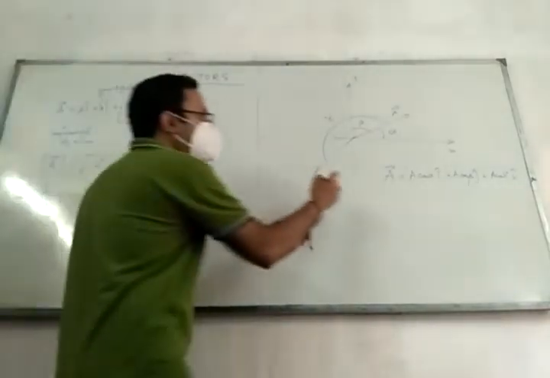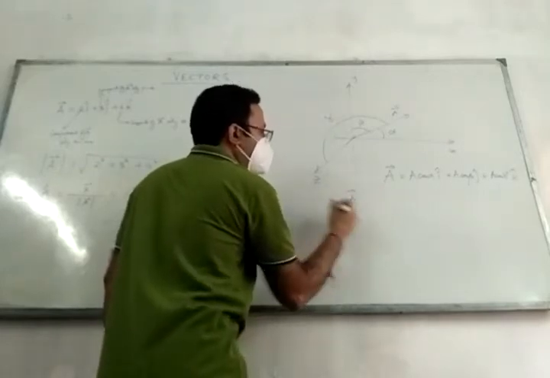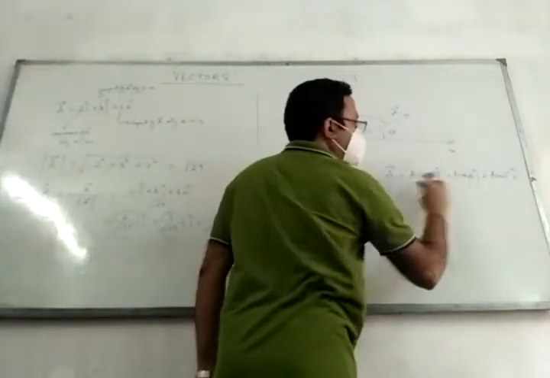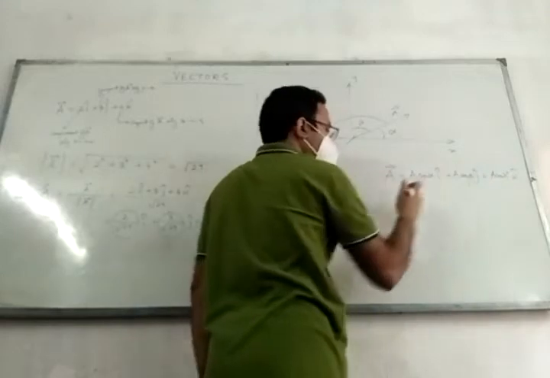So when you find vector A divided by the magnitude of A, to get A cap, you get the same thing divided by the magnitude A. So A cancels off. What is remaining?